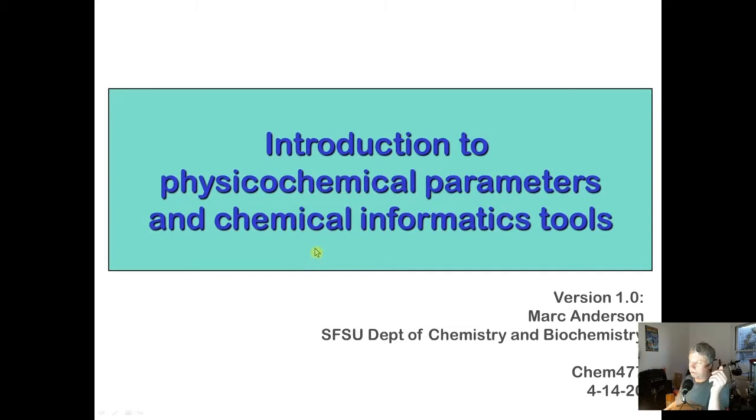I want to highlight some cool chemical informatics tools, which are basically computer tools that help us in drug discovery. In order to do that, we also need to go into a couple more physicochemical parameters, which are like constants that are helpful in understanding how drugs work. So let's get into it.